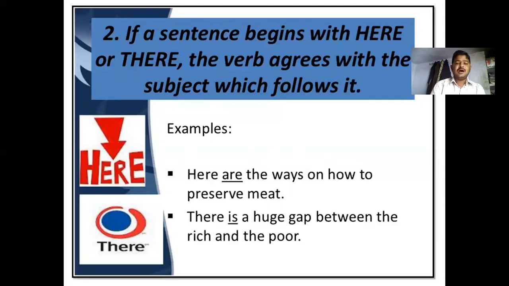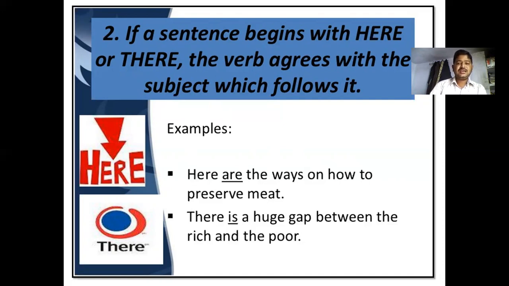If we say here is the way on how to preserve meat, way is a singular word. So the verb changes according to the subject after here and there.